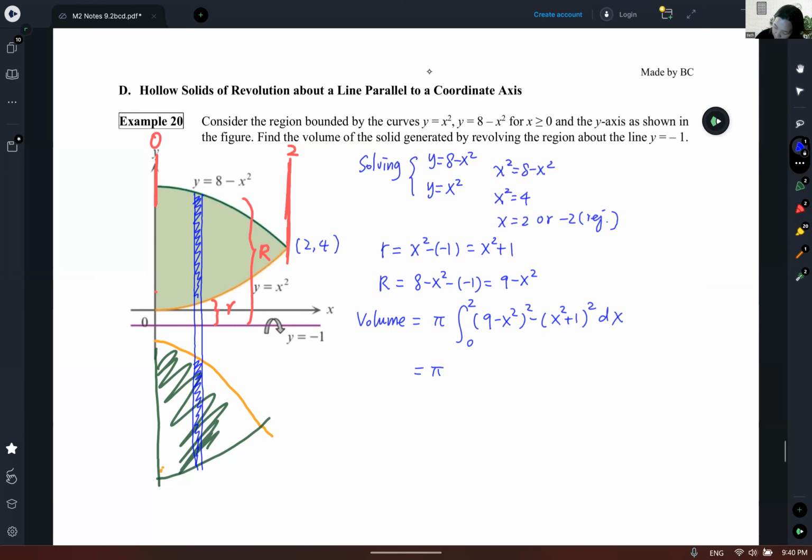Simplifying. Into the expansion. Do the expansion. Simplify more.